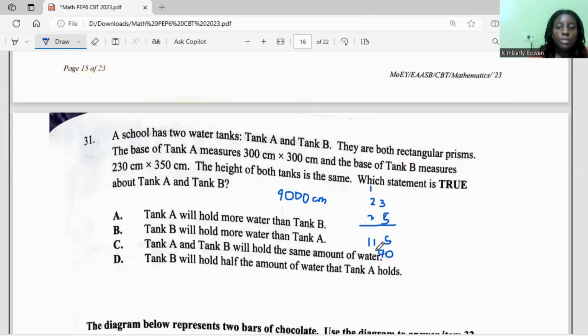Let me just add it now. 5, bring that down, 5. And then 1 plus 9 is 10. Put the 0, carry over the 1. 1 plus 6 is 7. Plus 1, 8. I'll just put the 0.